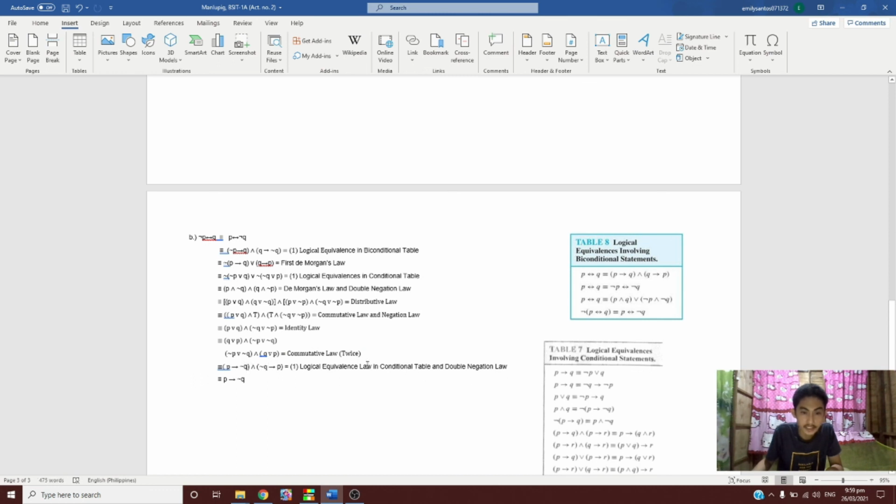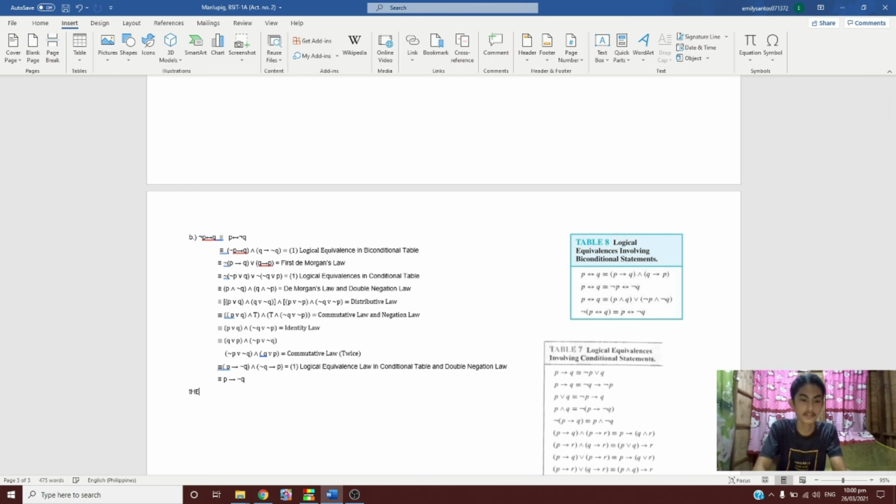I've been using the logical equivalence law in the conditional table since this part is equivalent to this part, which I calculated and is the same. So this is the result. Using the double negation law, since this one is a negation, I put negation into it to find its equivalent, and then it will result into this. So that is the result.